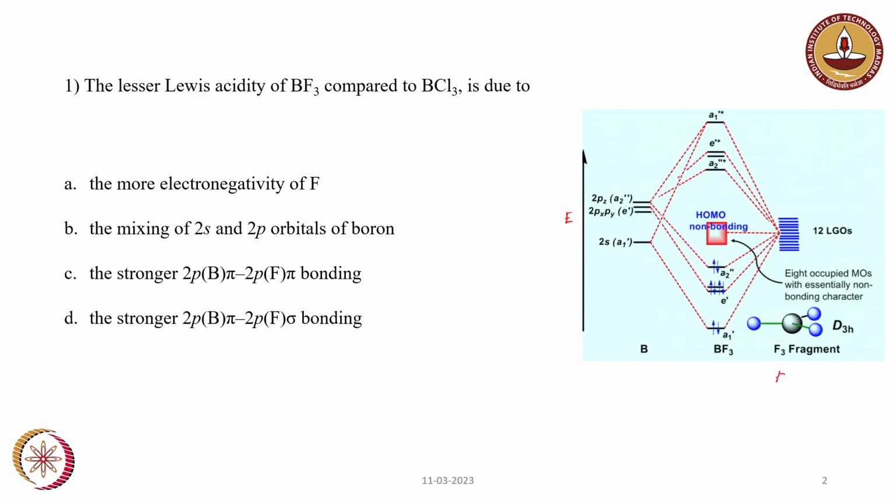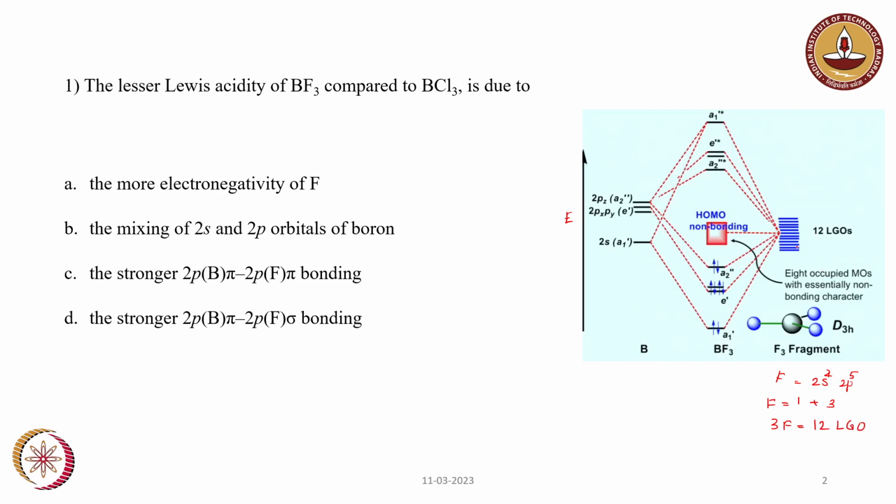In 1 fluorine there are 2s2 and 2p5. So s is only 1 and 3 p orbitals are there. So from 1 fluorine there are a total of 4 orbitals, and from 3 fluorines there will be 12 ligand group orbitals.